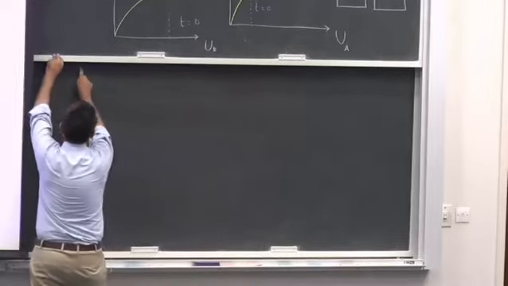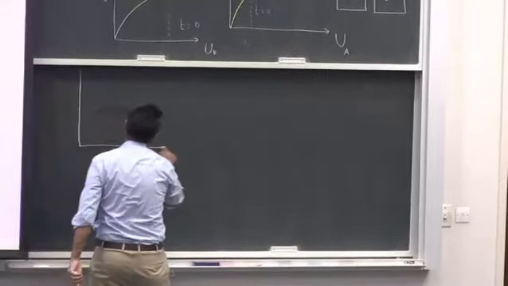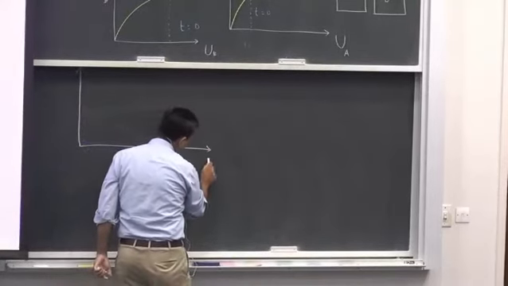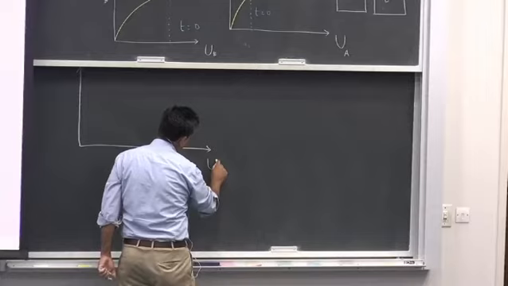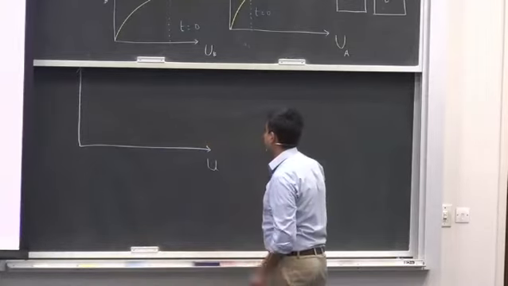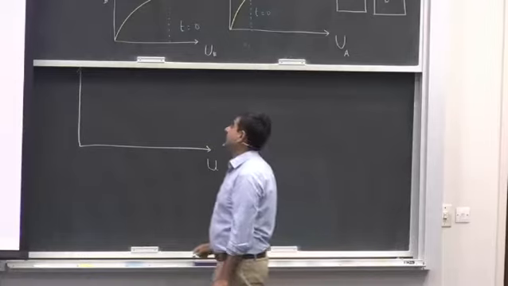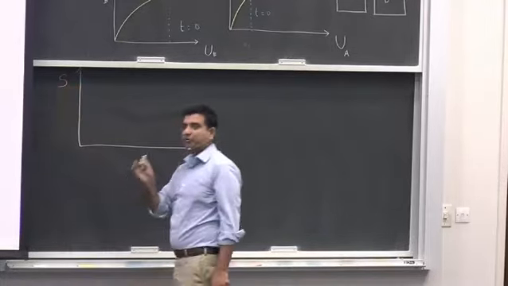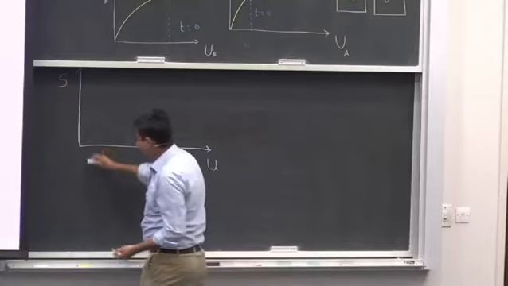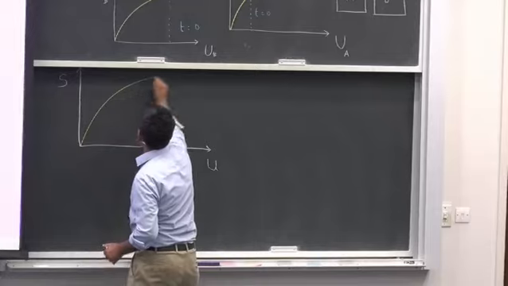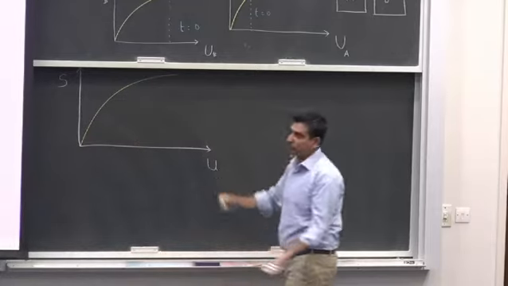Now what we would like to do, since these are identical graphs for both the objects, is to plot U, some energy and entropy here, and this can correspond to object A or B. Since objects A and B are the same, I would like to draw the same graph for both objects.